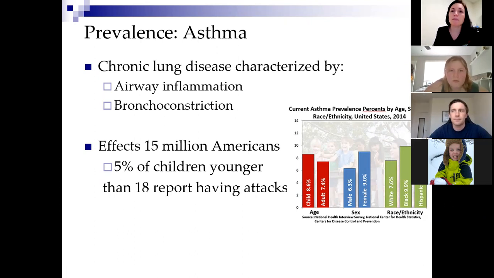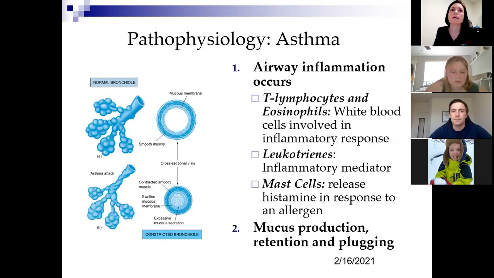Let me advance the slide. So a little bit of the pathophysiology. What causes the airway to inflame? There are 3 mediators: the T lymphocytes and the eosinophils, the leukotrienes, and the mast cells. Those mediators narrow the airway by causing edema or swelling and inflammation.